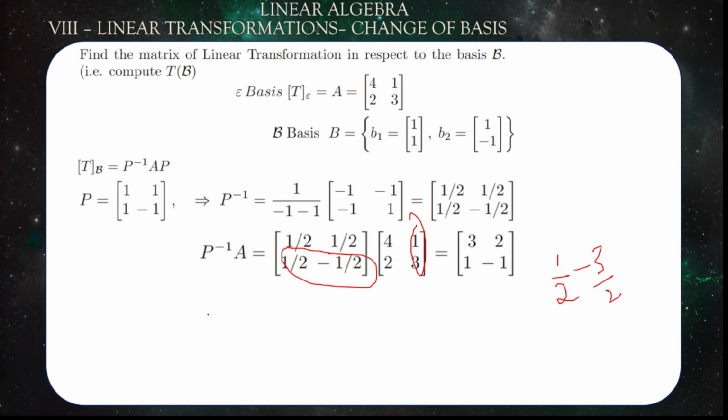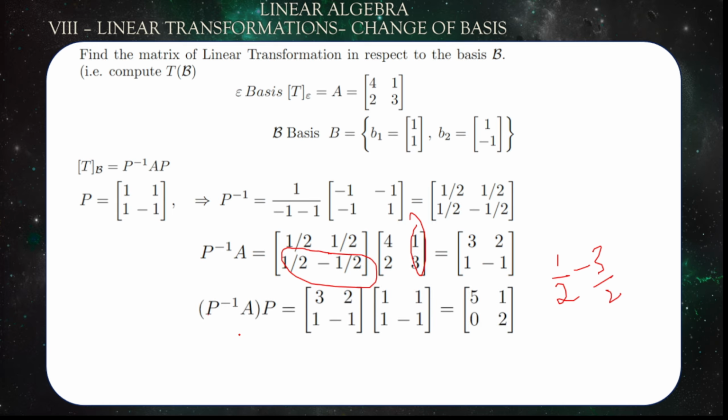Okay, let us continue. So P minus 1 A, we've gotten the answer here, which is 3, 2, 1, minus 1. We multiplied again by P, the original P matrix, and you get 5, 1, 0, 2. This is the transform of the A matrix from the epsilon basis to the B basis. This is the final answer.